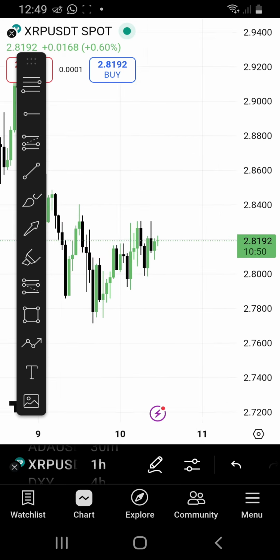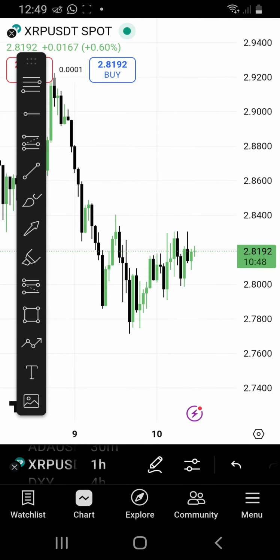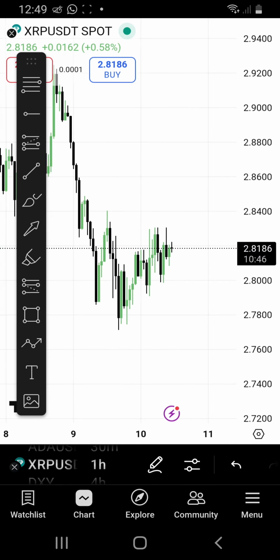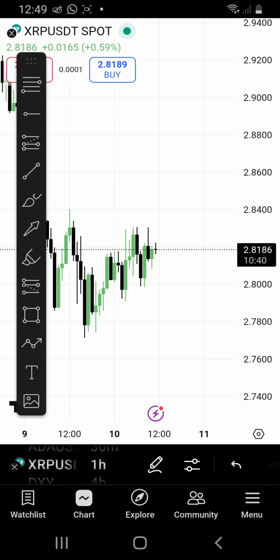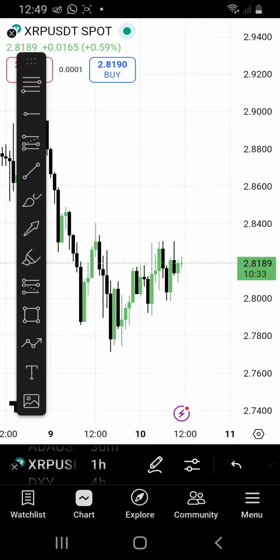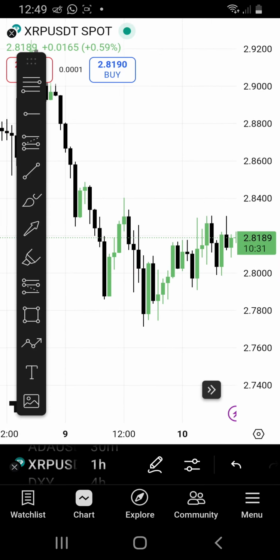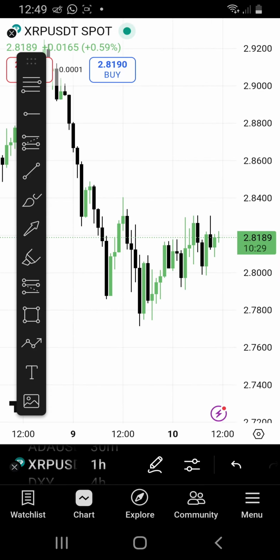The chart is moving based on time too. This Japanese candlestick chart that you are seeing, the candlesticks are moving based on time frames. Any candlestick that you are seeing here does that time.